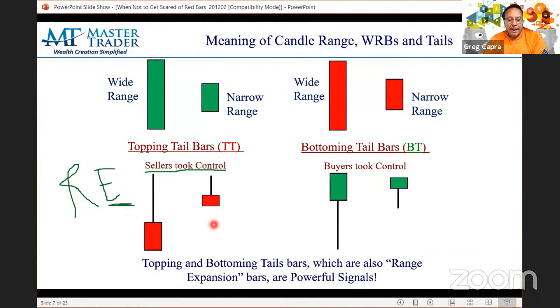So with a topping tail, let's assume prices were going up, and now all of a sudden we get this bar up here. Think about what that means. In an accelerated move, prices continued to accelerate, and then they came all the way back down again. Sellers took control. Maybe it's going to start dropping from there.